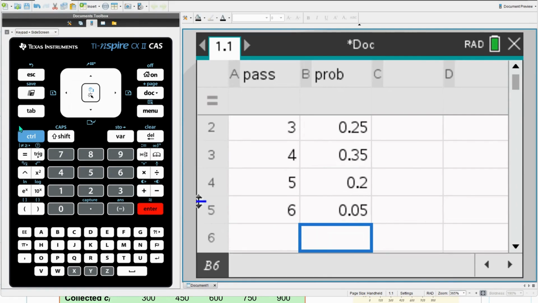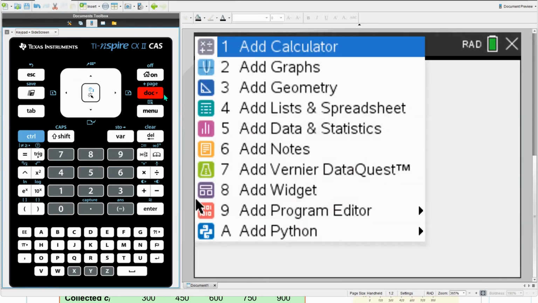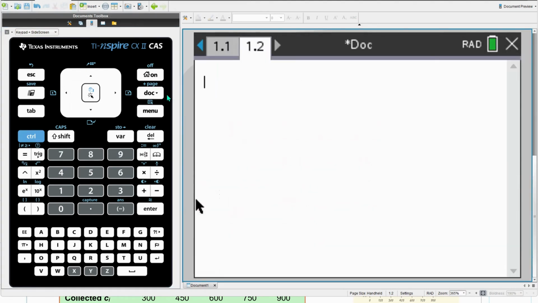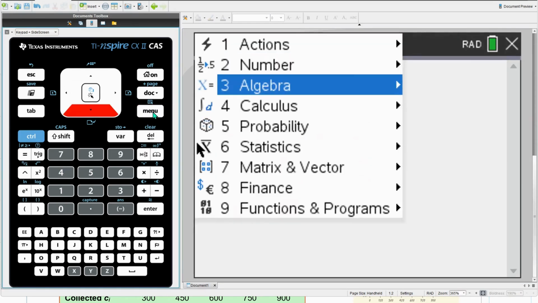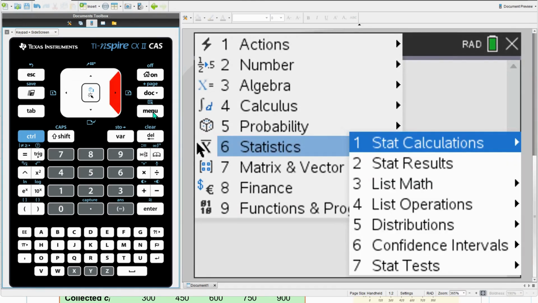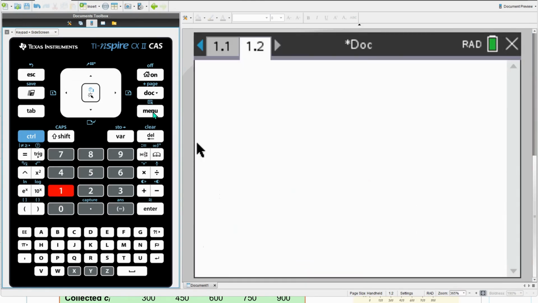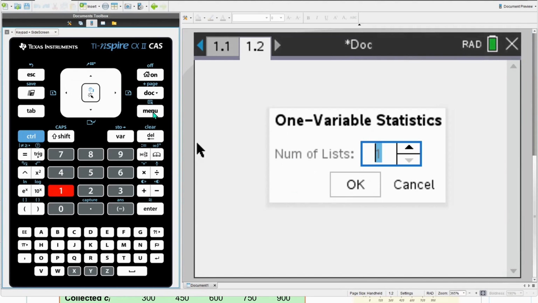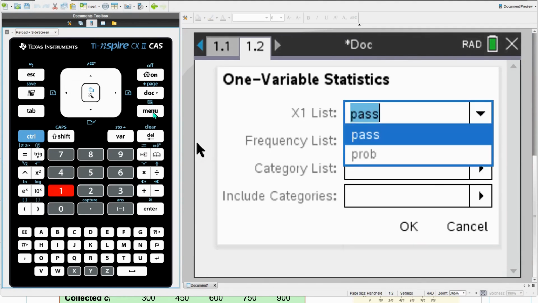If you remember from an earlier section, we can add a calculator page and look at the mean and the standard deviation for this distribution. That's under Menu, Statistics, Stat Calculations, One-Variable Statistics. We only have one data list, called passengers.